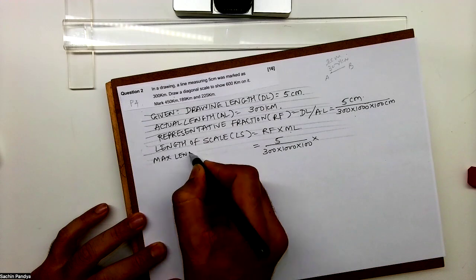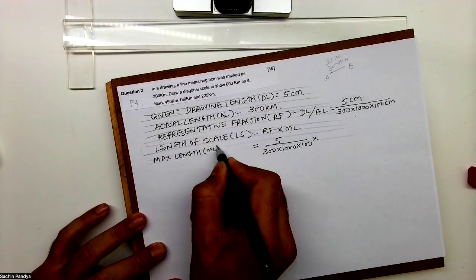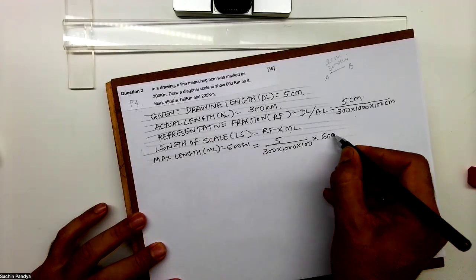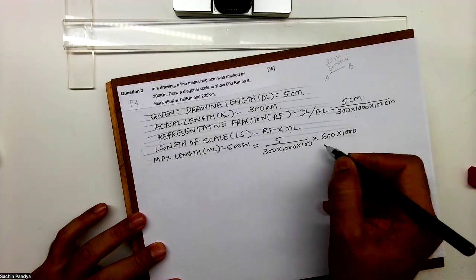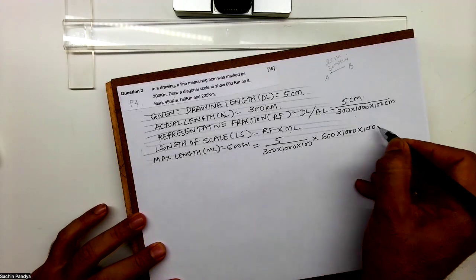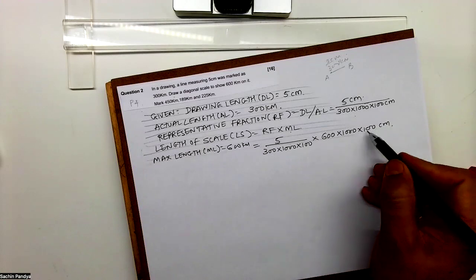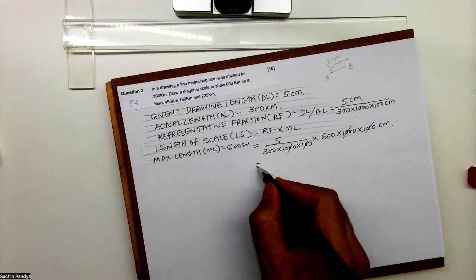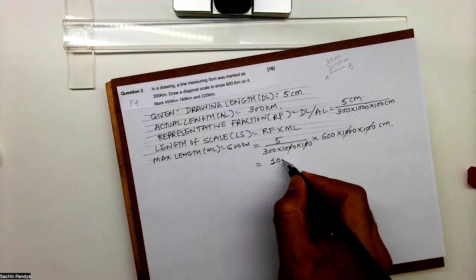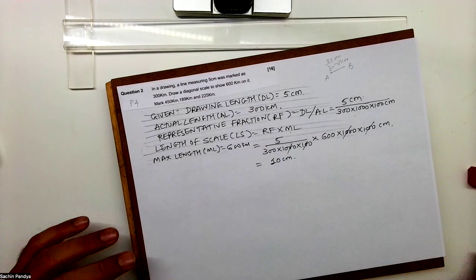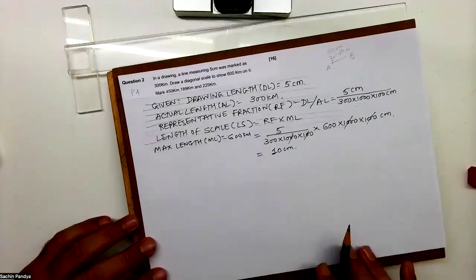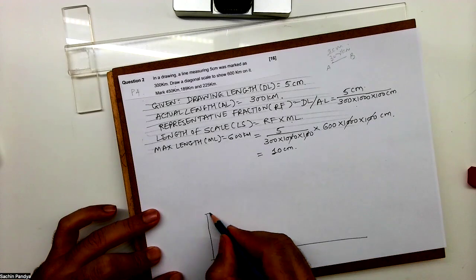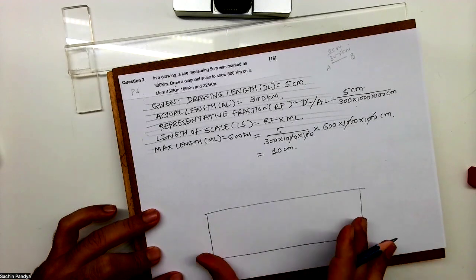Max length 600 kilometer. 600 kilometer multiplied by 1000 will give me meter, multiplied by 100 will give me centimeter, right? So this will cancel, so it will come 10 centimeter. So what I'll be doing, I'll draw 10 centimeter long line, height 50 millimeter or 5 centimeter.